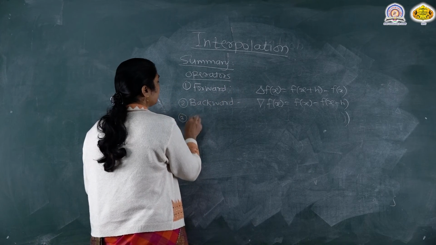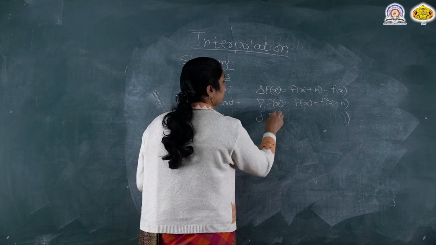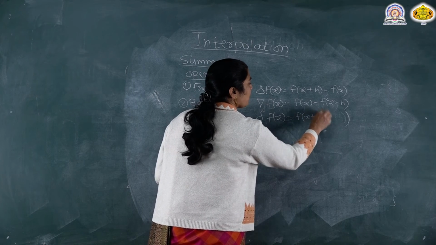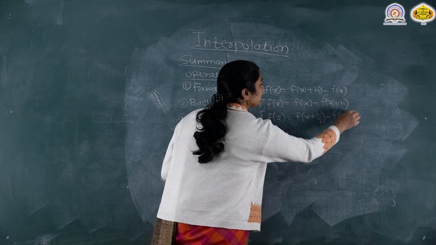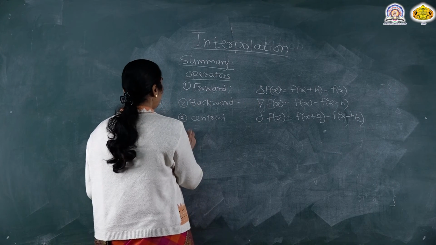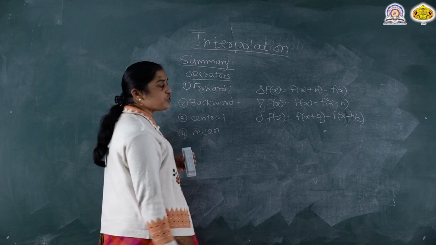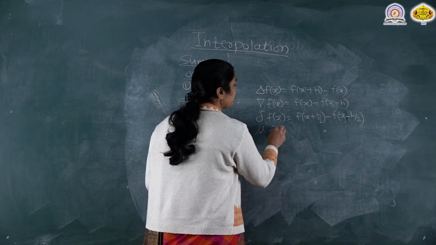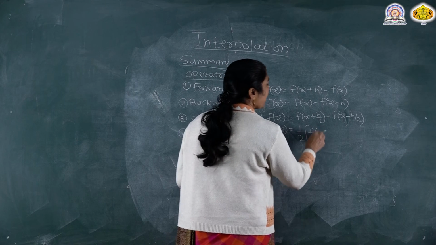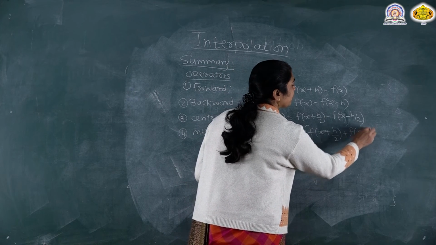The third operator is the central difference operator. It is denoted by δf(x) and defined as f(x + h/2) minus f(x − h/2). The fourth operator is the mean operator, also known as the averaging operator, given by μf(x), and μf(x) is nothing but 1/2 into the bracket f(x + h/2) plus f(x − h/2).